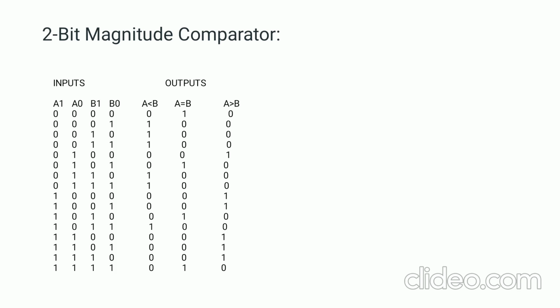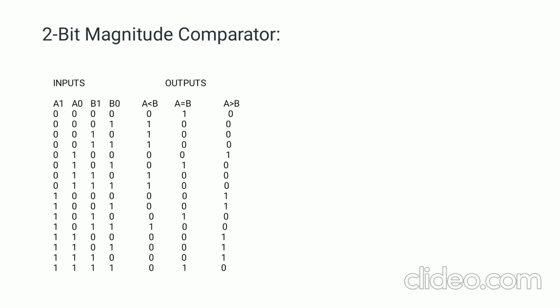The remaining outputs A less than B and A greater than B have the value 0. In the next case 0 0 0 1, A is 0 0 which represents the bit 0, and B is 0 1 which represents the bit 1. Since B has 1 and A has 0, A less than B produces 1.